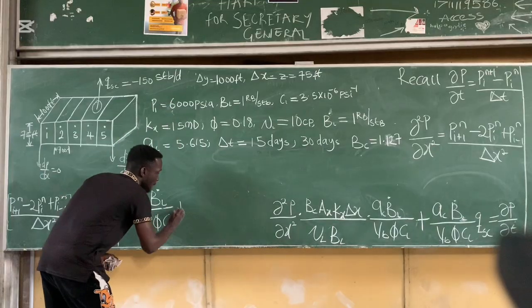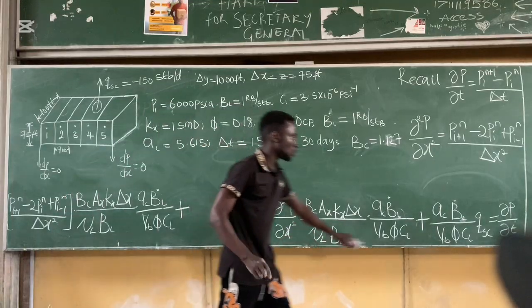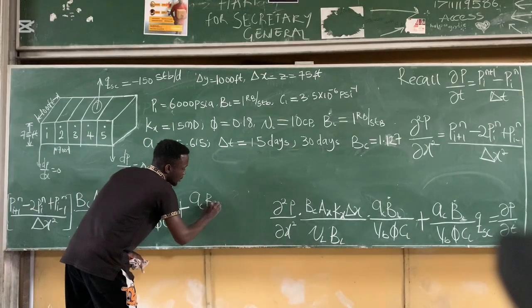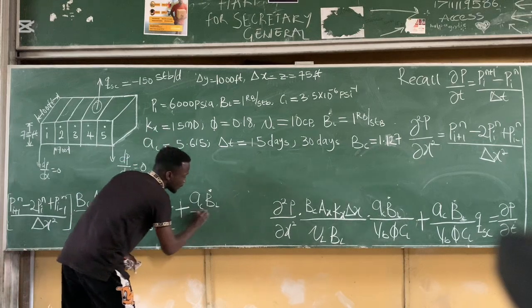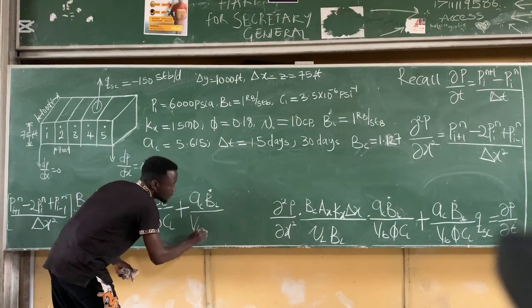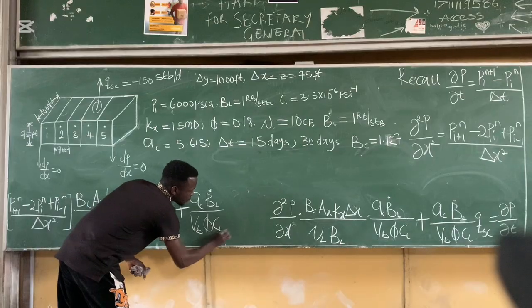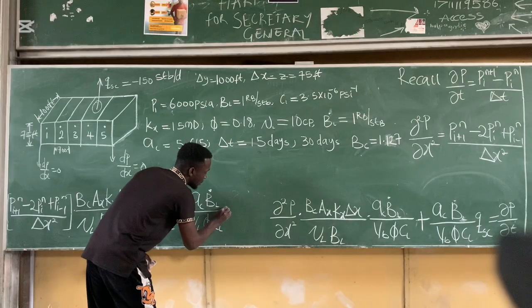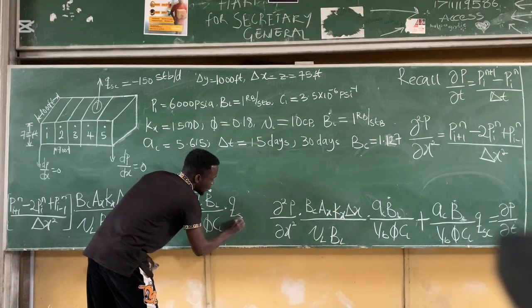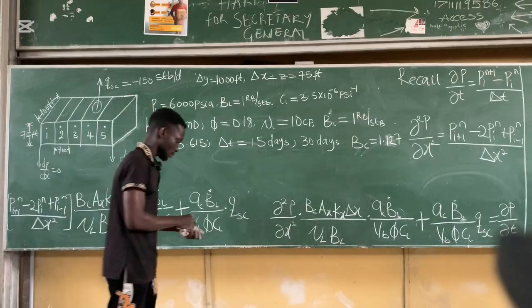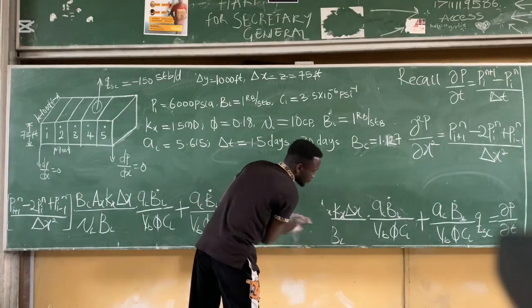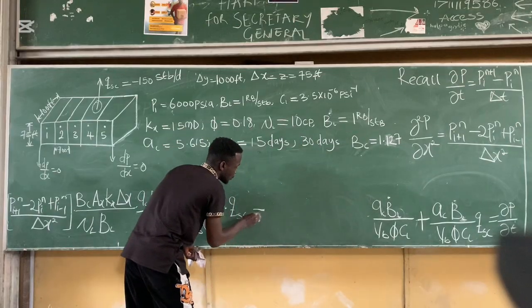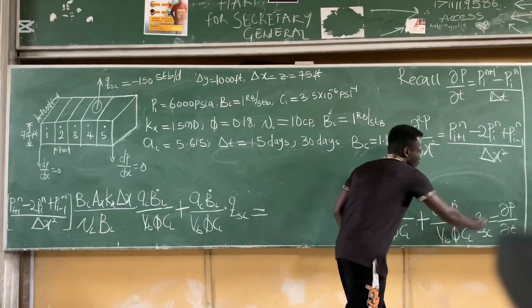Then plus, which is this plus here, we have A_c B_L dot divided by V_b phi c_L, then multiplied by Q_sc, equal to dP dt.